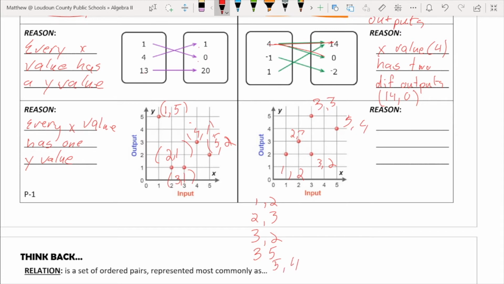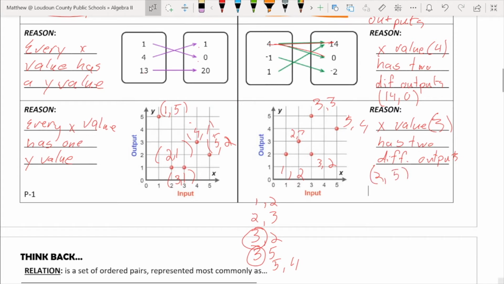Well, 1, 2, 2 to 3, 3 to 2, 3 to 5. So now we have one input with two different outputs, 2 and 5. So x value 3 has two different outputs, 2 and 5.